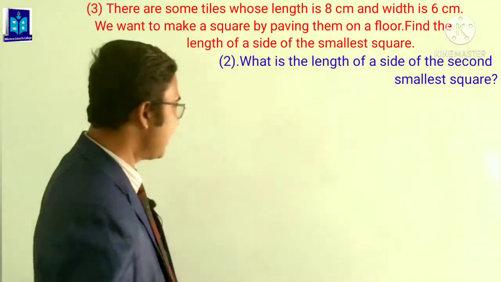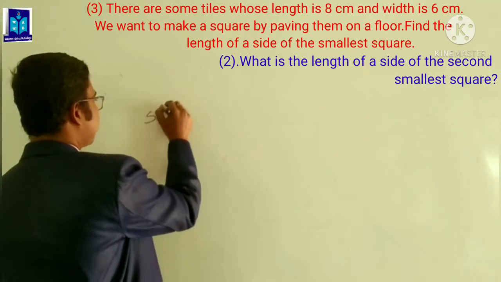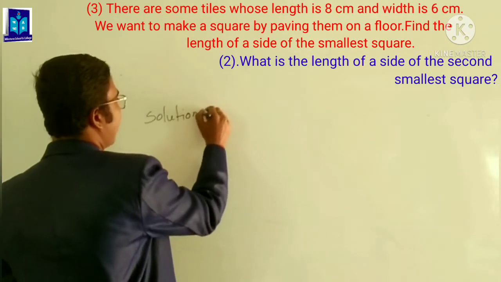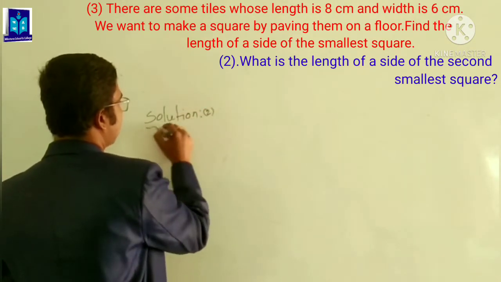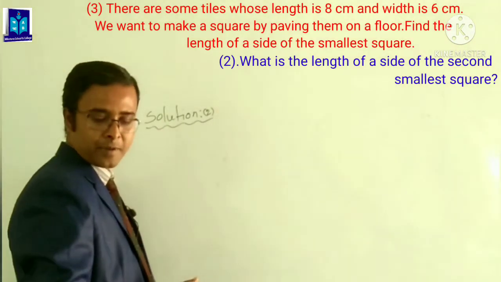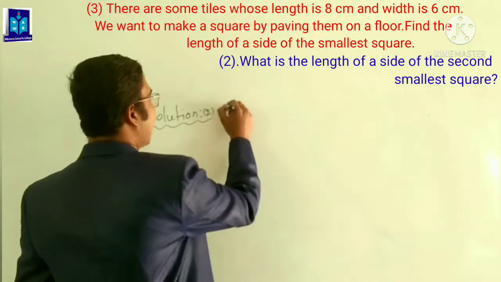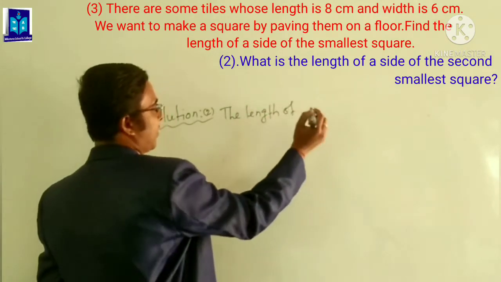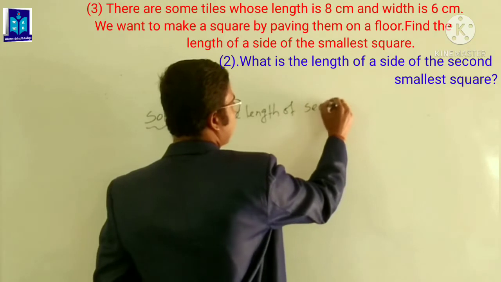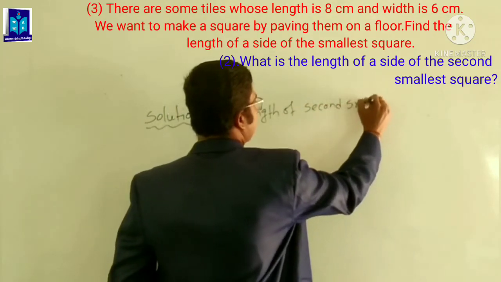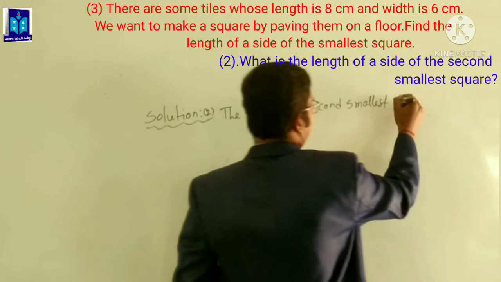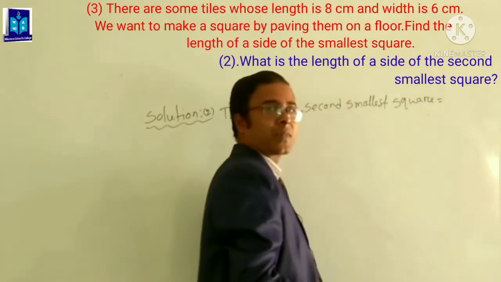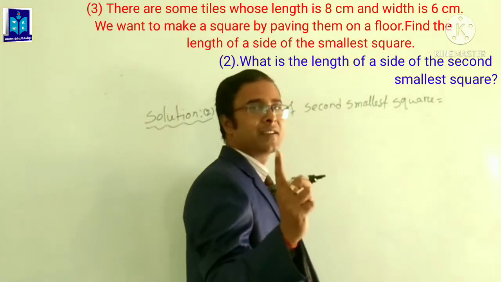Please follow the board properly. So, solution of 2 number will be what? The length of second smallest square will be what? 24 multiply 2.